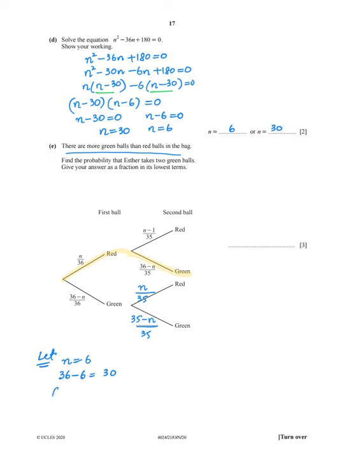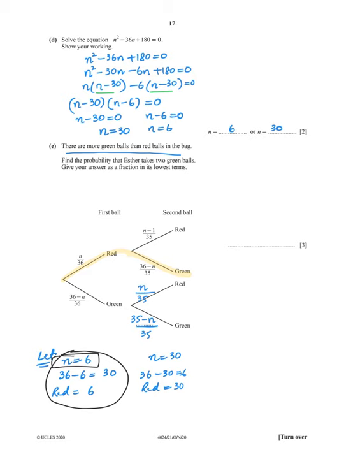And the number of red balls is equal to 6. But if n equals 30, green balls will be 36 minus 30 leads to 6, and red balls are 30. So it says that the number of green balls is greater than red ones. So the case we are going to consider is this one, right? So the value of n we are going to consider is 6.